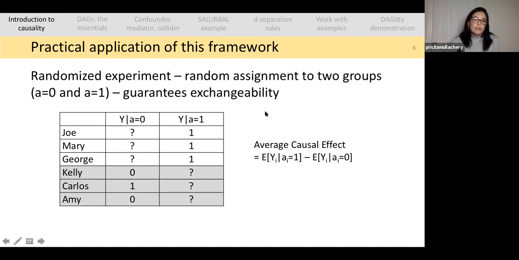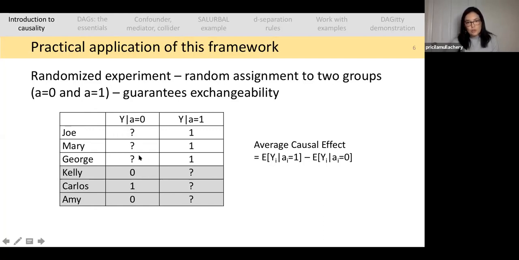We can only do this in the context of a randomized experiment because in a randomized experiment, the treatment assignment is random, which means that the predictors of the outcome in this group are distributed similarly as the predictors of the outcome in this group, right? So these 2 groups are comparable, which means that in every way they look alike.